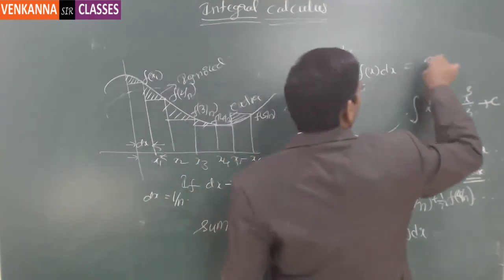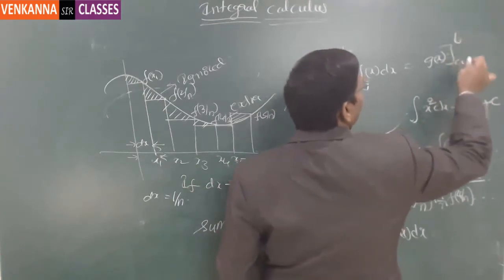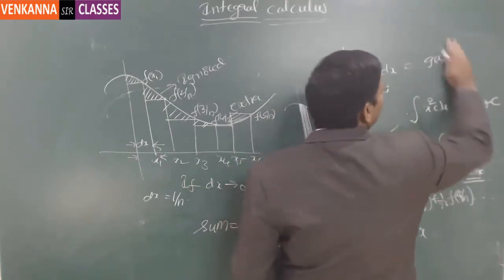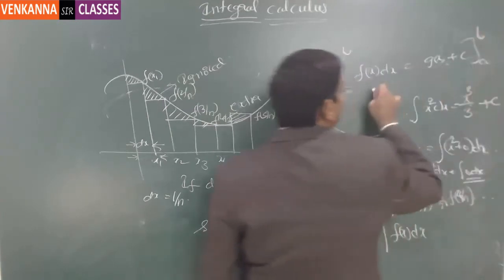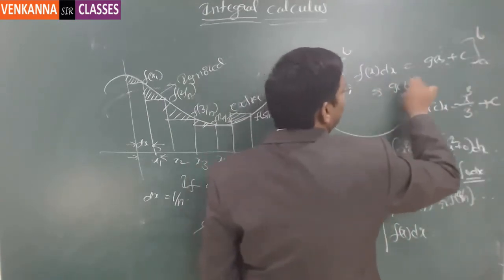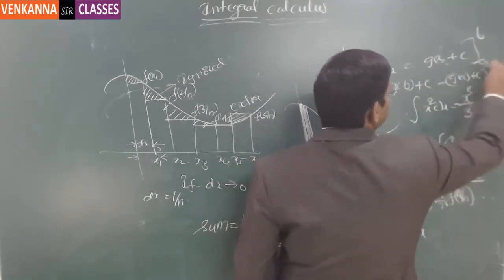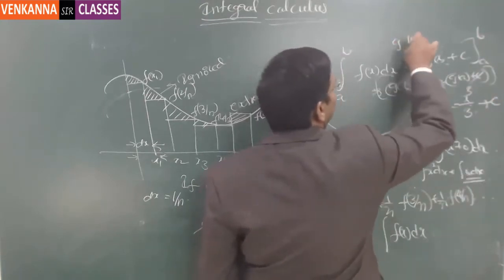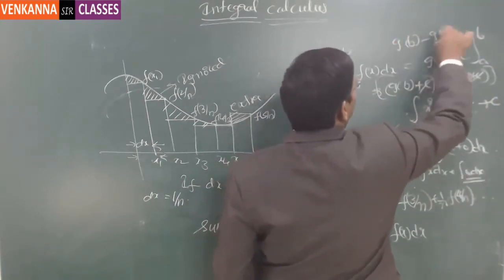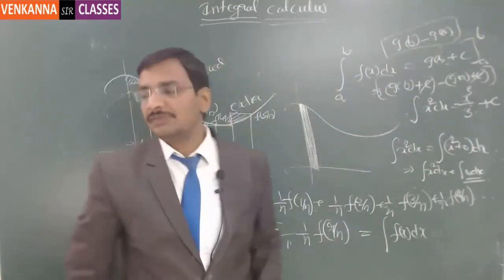Let us say we have got g of x as the answer, with upper limit b and lower limit a. Then ideally this is g of x plus c, with upper limit b and lower limit a. Then g of b plus c minus g of a plus c. So this c and this c will cancel. Finally g of b minus g of a will be left over. So that's why we don't consider plus c in definite integrals.